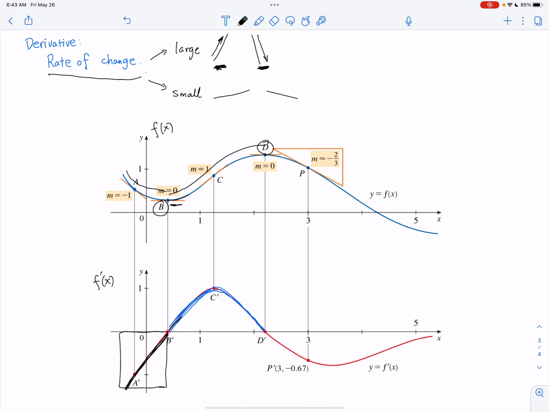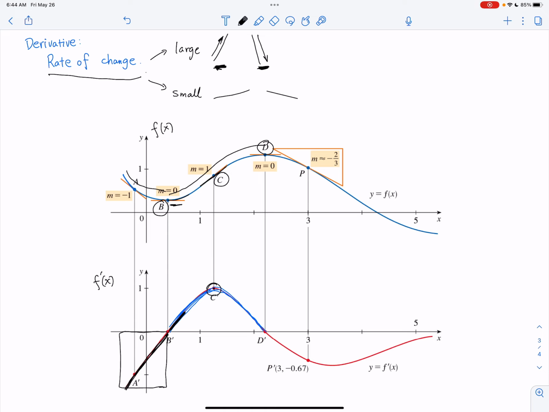So that's like you have very small positive values. Now, as you move toward C, the slope becomes higher, right? It's a pretty fast change. It's very steep. So the derivative becomes large. That's why the derivative at C is kind of high.